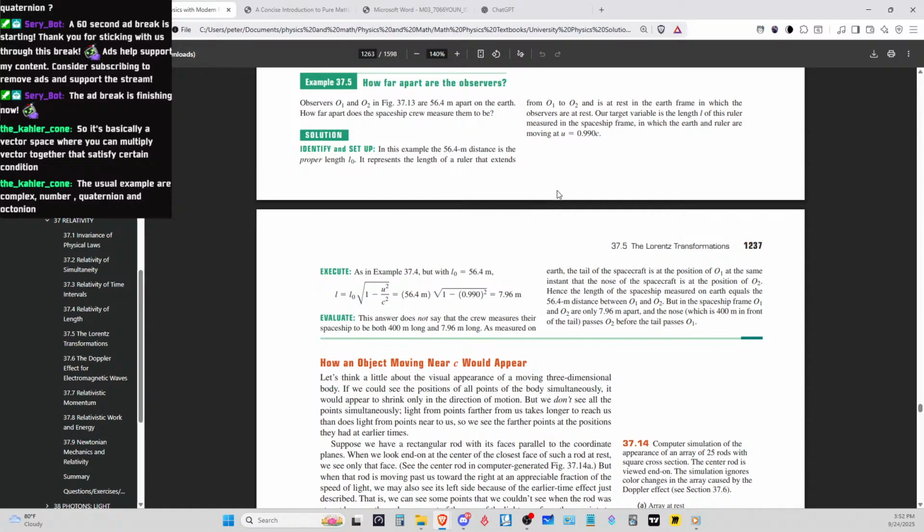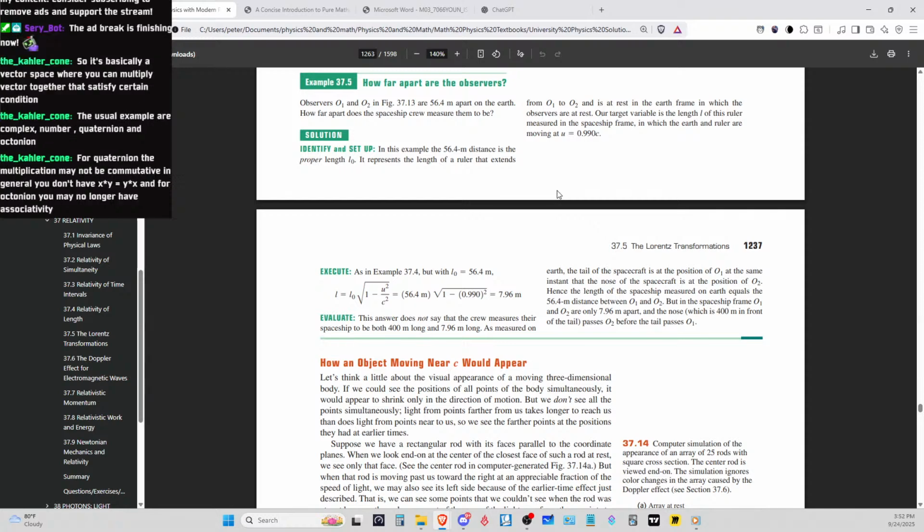Cool. So basically it's a vector space where you can multiply vectors together that satisfies certain conditions. The usual examples are complex numbers, quaternions, and octernions. For quaternions, the multiplication may not be commutative in general. You don't have x times y equal to y times x.